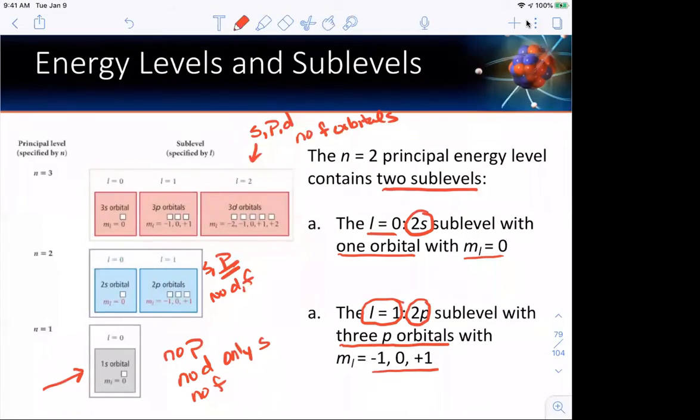So in helium, I'm going to have 2 electrons, and so on and so on. As each element builds upon what came before, I have to put these electrons in these different subshells, and thus in those different orbitals.